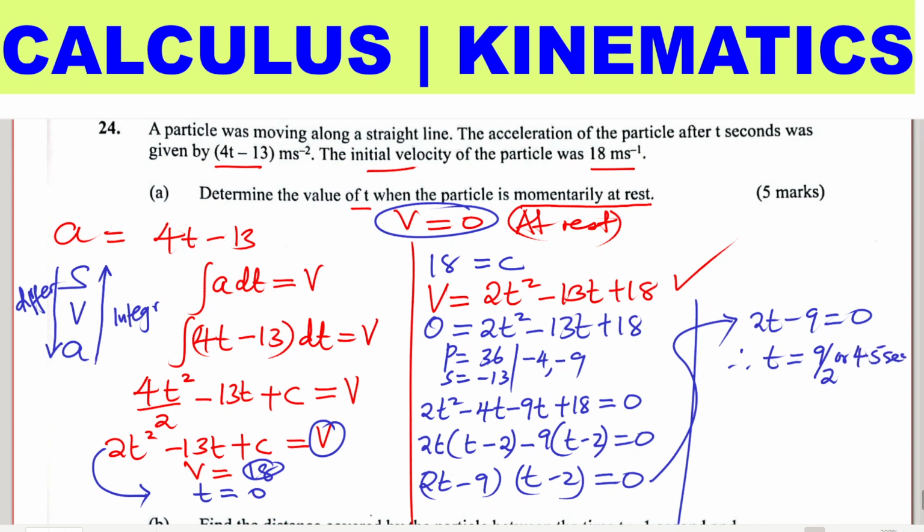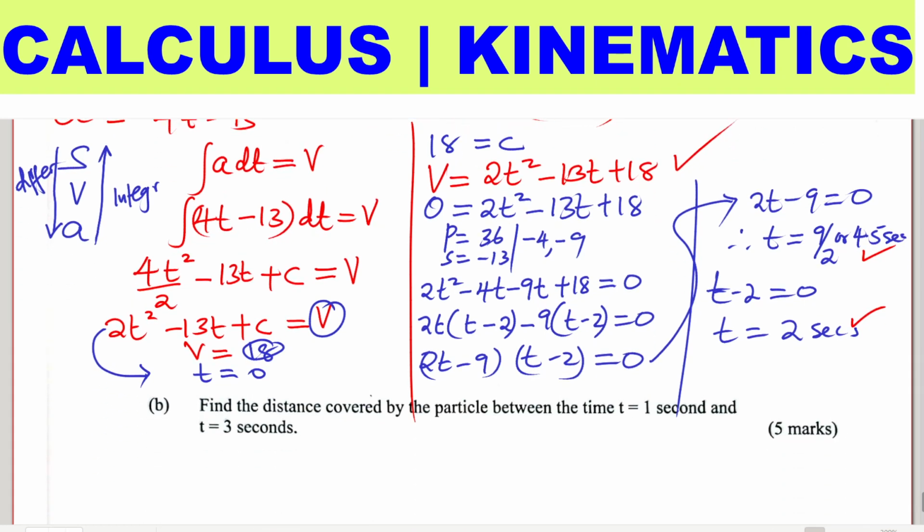And then the other one, t minus 2 equals 0, so in this case t equals 2 seconds. So the values of t when the particle is at rest are t equals 4.5 seconds and t equals 2 seconds. That is how you're supposed to work out the first part.